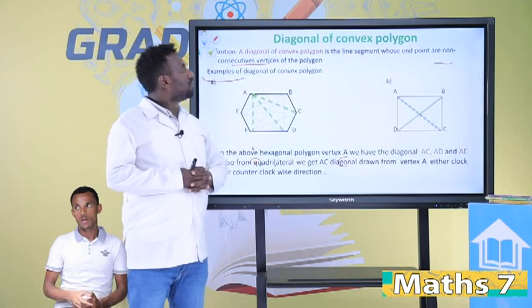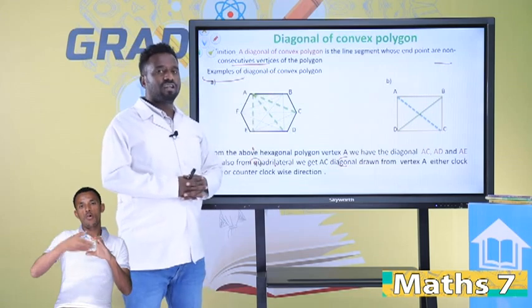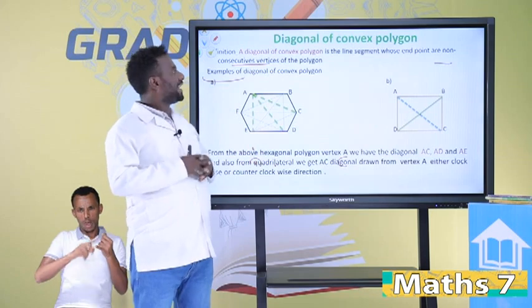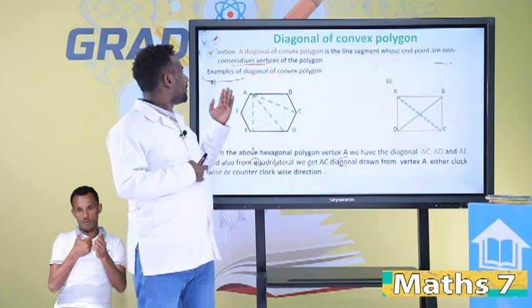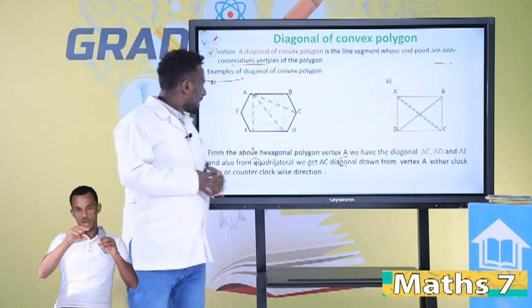The diagonal of a convex polygon is a line segment whose endpoints are non-consecutive vertices of the polygon. Let's see the given hexagon.